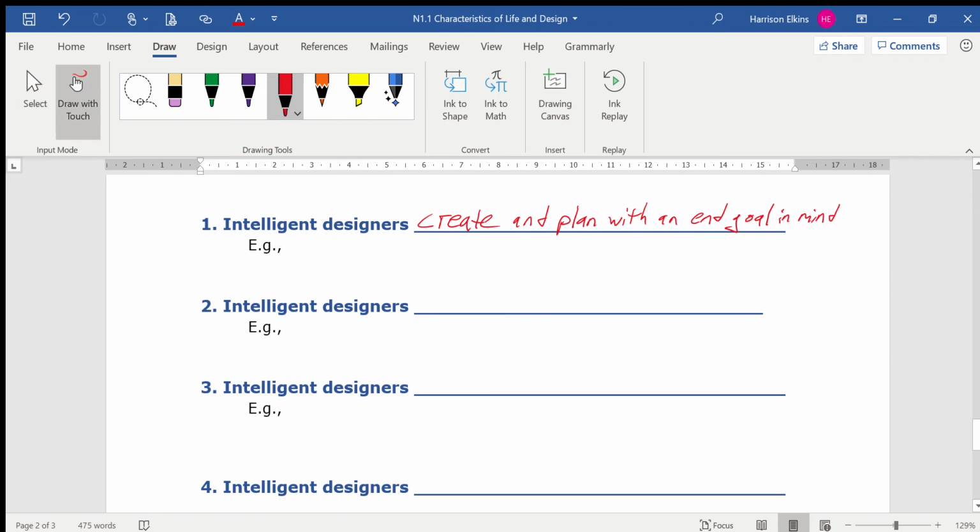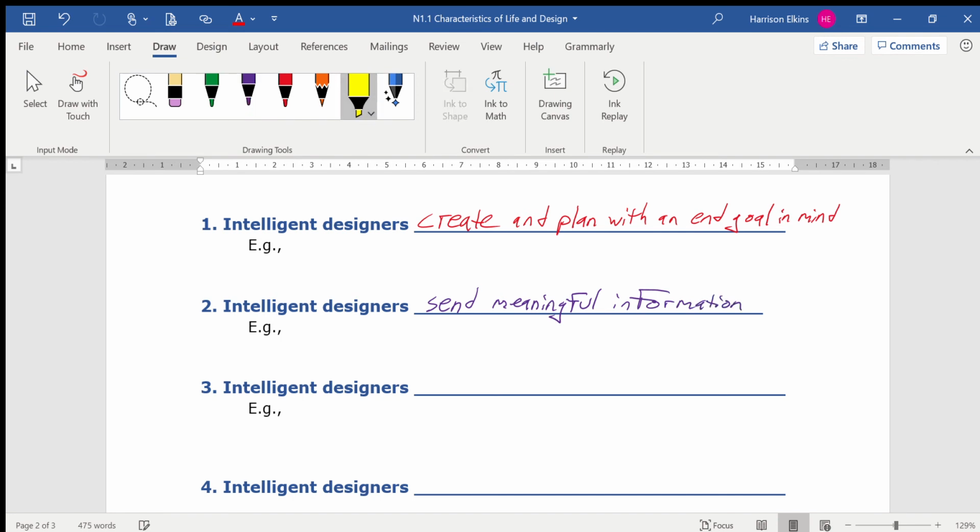So in biology, if God created things, we should be able to see things that have goals, things that have steps and processes that always have a plan. Another thing intelligent designers do is they have the ability to send meaningful information. I can send a message to you.